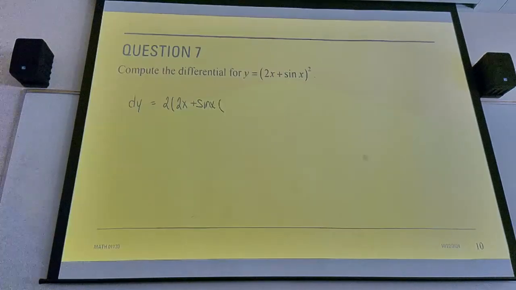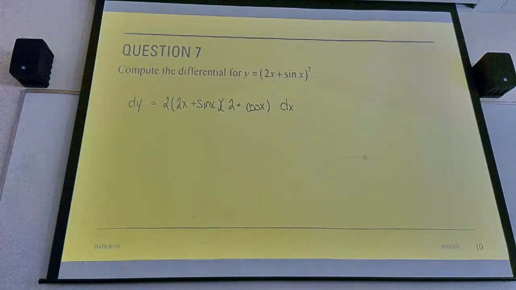This? And the first parentheses. That's right. dx. There's your differential for y.